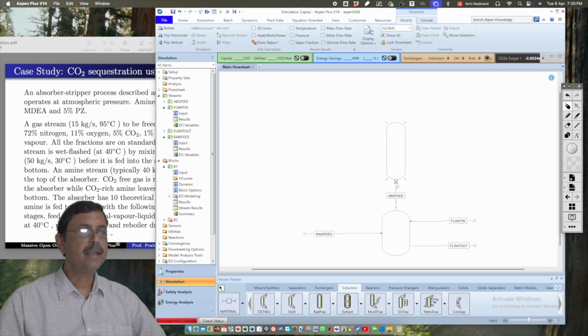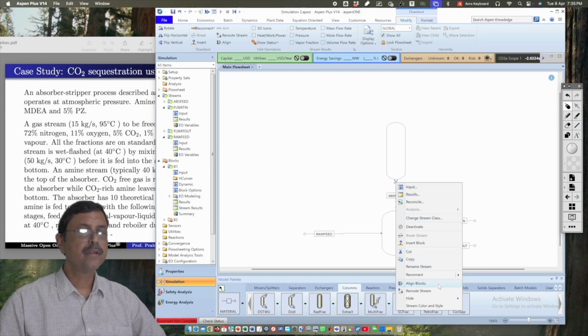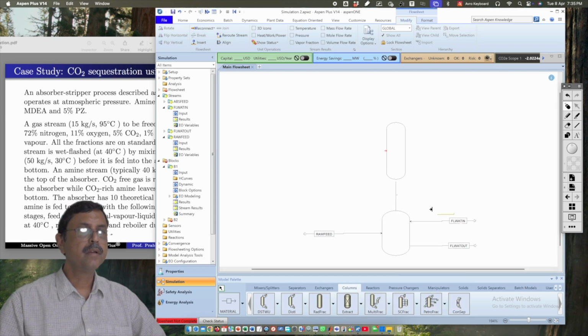The gas enters from the bottom. So this is the gas entering, and there will be a vapor distillate.